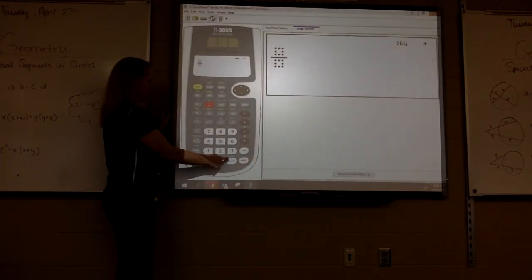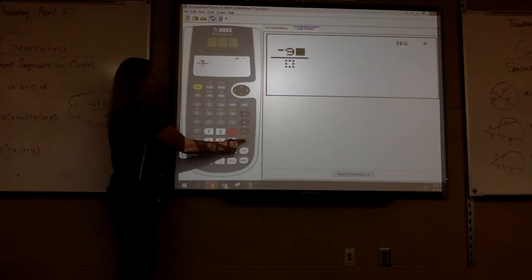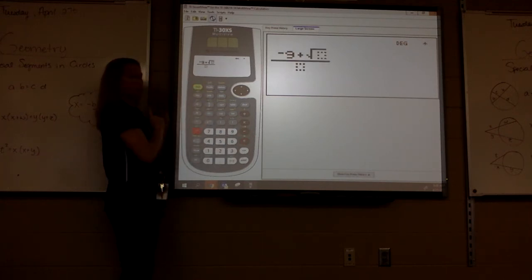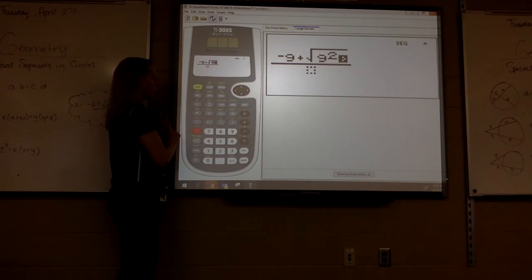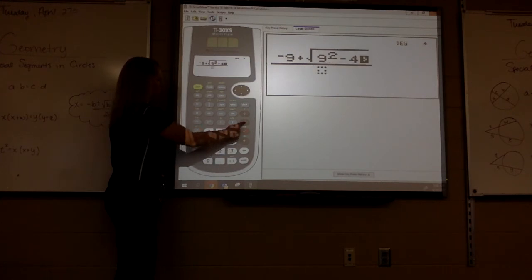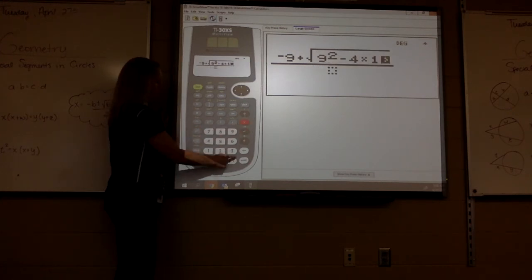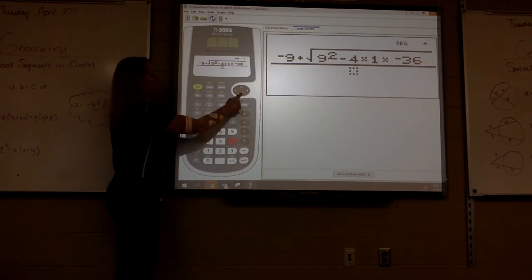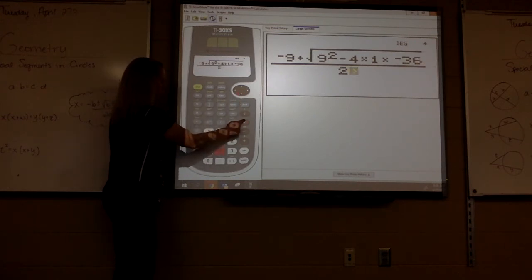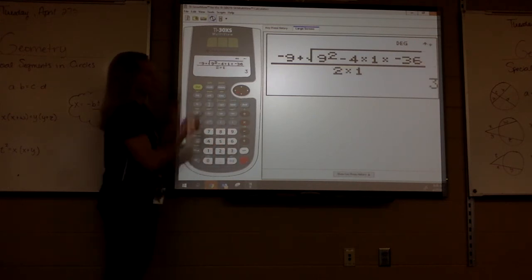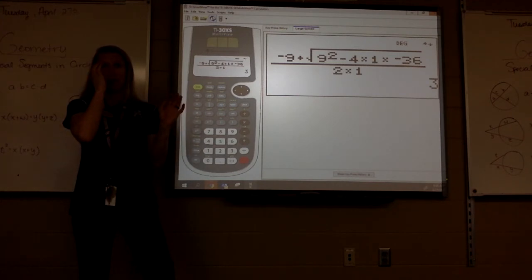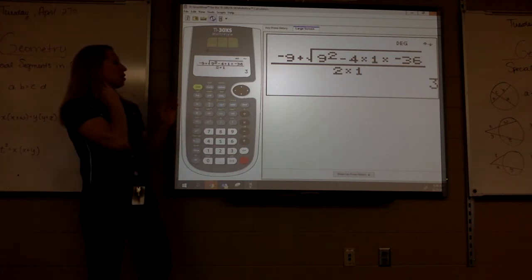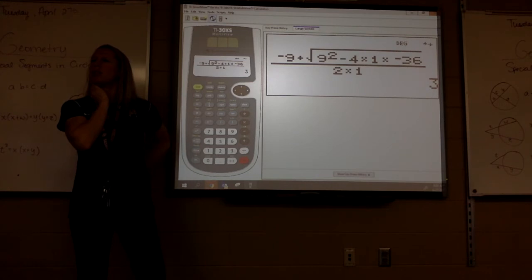So N over D, negative 9 plus the square root 9 squared minus 4 times 1 times negative 36 all over 2 times 1. Did you guys get 3? I got 2.9. Did you type something in weird? You shouldn't get points, it's 3, but I wonder why you got a decimal.